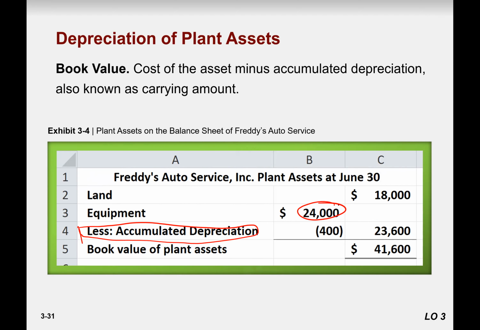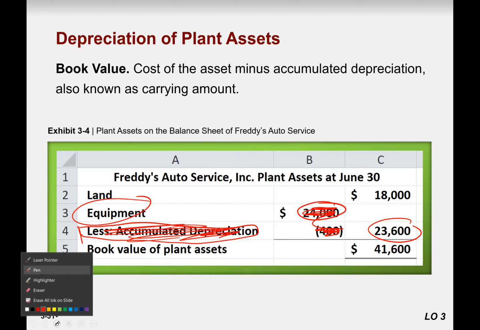If we eliminate all these values, it becomes 23,600, which won't give us the amount we paid for the equipment. So that's why we created this account.